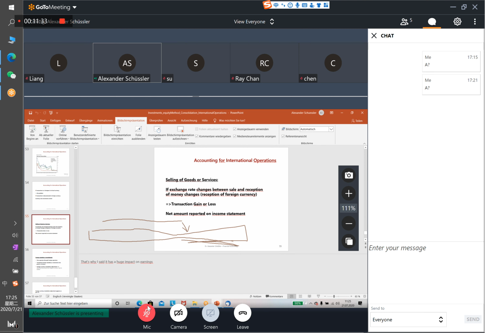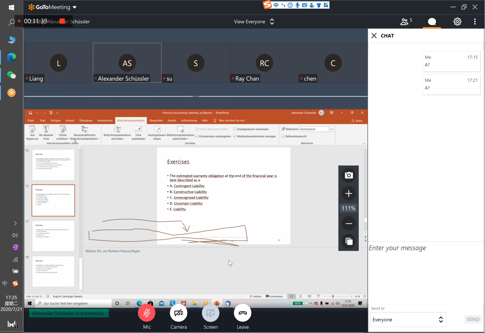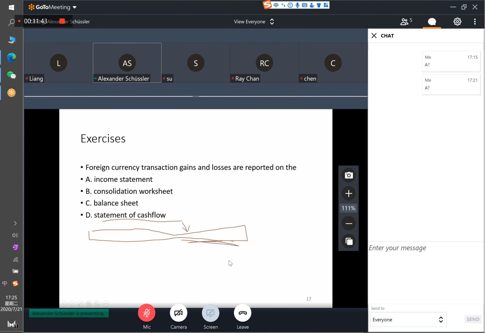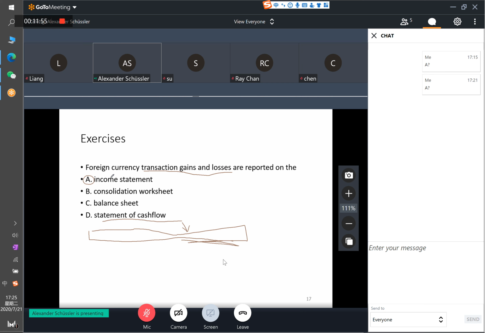It has nothing to do with consolidation because we are not talking about consolidation here. This is not a translation gain. It is a transaction gain. It's not a translation adjustment. It's a transaction gain and loss, and this is reported on the income statement. Okay?